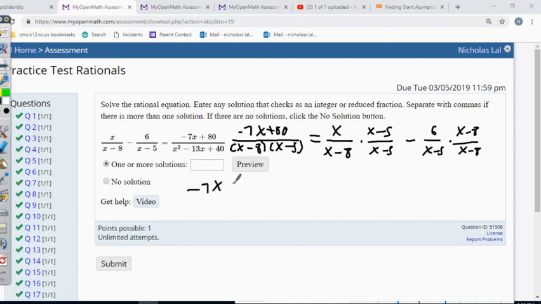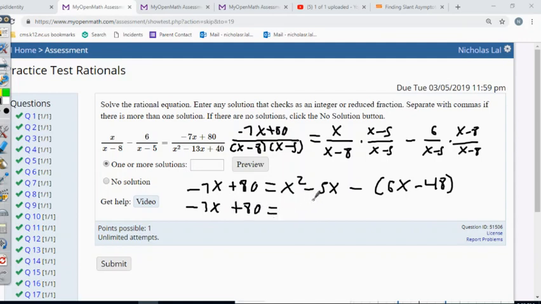Negative 7x plus 80 is equal to x squared minus 5x minus 6x plus 48.